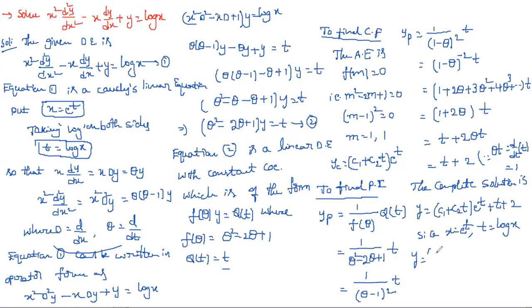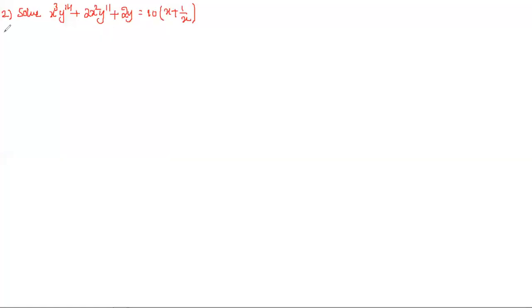Therefore y = (c1 + c2 log x) x + log x + 2. This is the final solution or general solution of the given differential equation, where c1 and c2 are arbitrary constants.